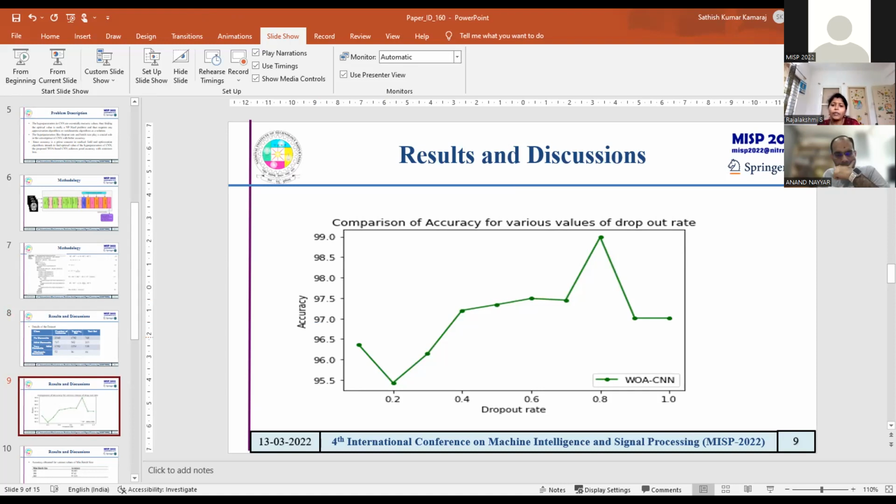When the dropout rate is 1, that is, all the instances were considered, the accuracy is 97.011%, which is nearly the same as for a dropout rate of 0.9. From a dropout rate of 0.7 to 0.8, the accuracy improves by 1.58%.